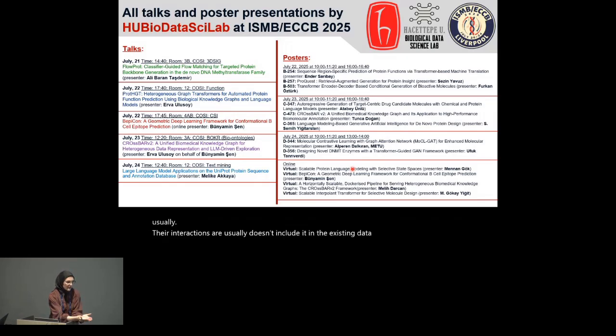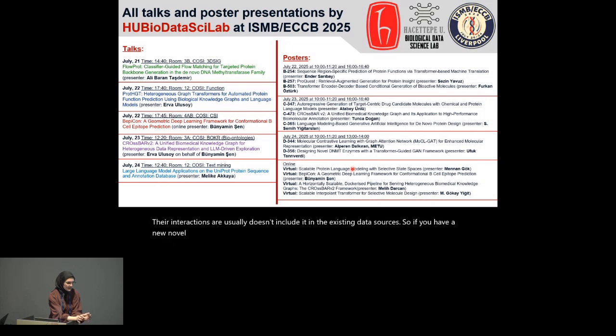So if you have a new novel protein sequence, we currently cannot generate a prediction for that, but we are working on a feature that would take the sequence and then search it in sources like InterProScan, for example, to take their domain data, and then we can create the interactions between that protein and their domains, and also other data sources like this. And then after we create the knowledge graph, we can generate predictions for it.